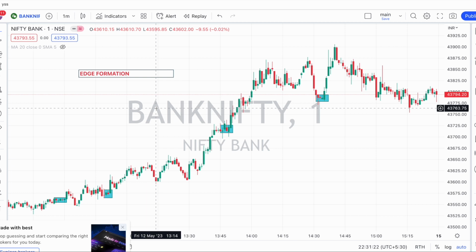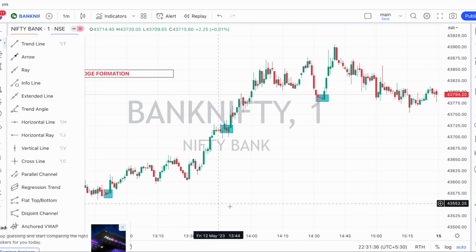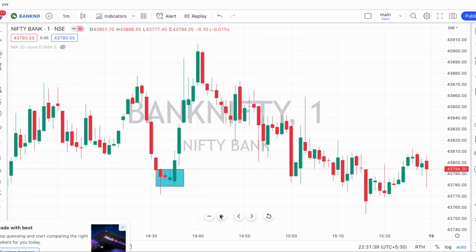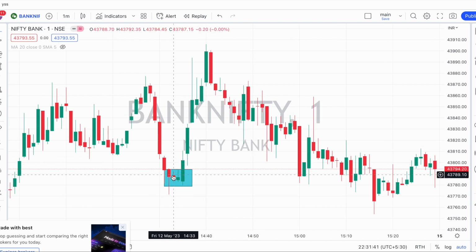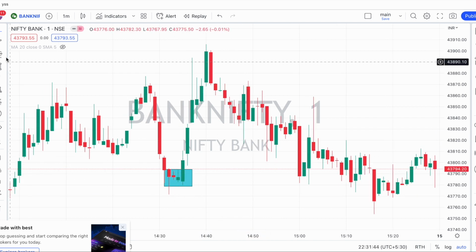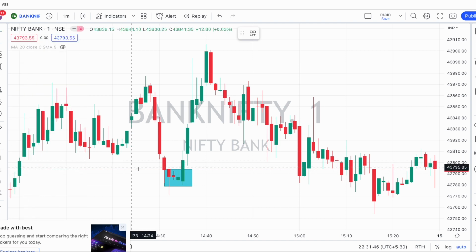Whenever there is a formation of a build-up, we are going to mark the highest high and the lowest low of the build-up. So what is the highest high? If you look at this particular build-up over here, these are small candles. What is the highest high of these candles?